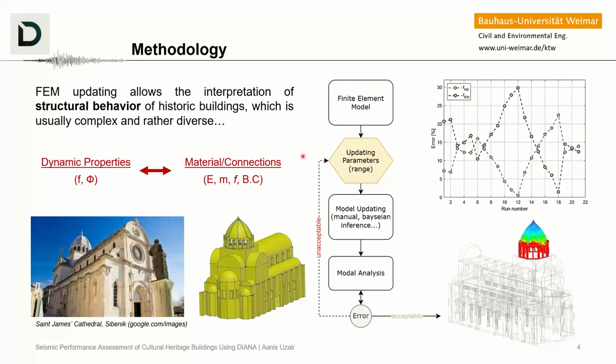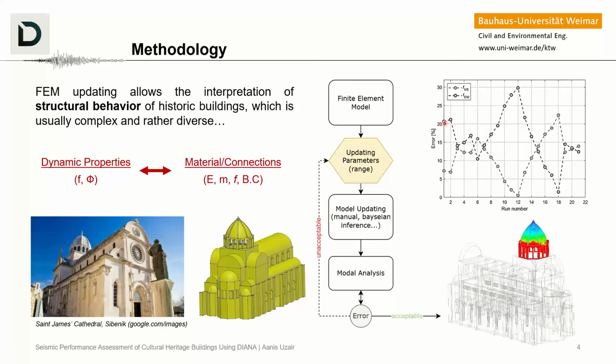When we run the ambient vibration testing, we identify the frequencies corresponding to the fundamental modes of vibration of a particular structure. We can now run modal analysis in the software, in this case Diana, for example, and always compare our values of frequencies from the numerical model to the experimental case.